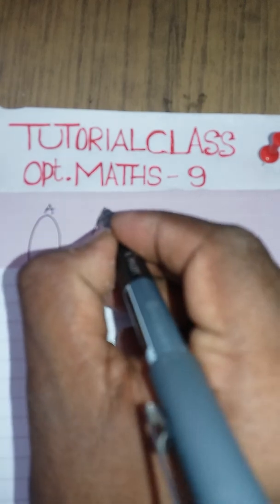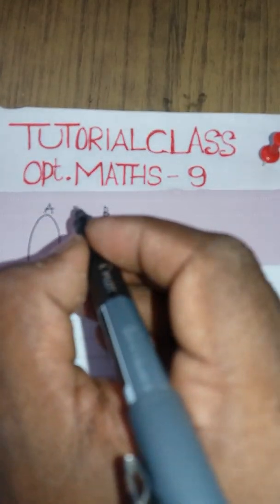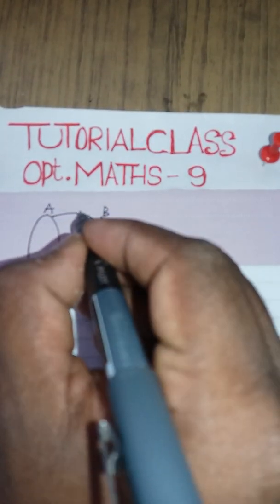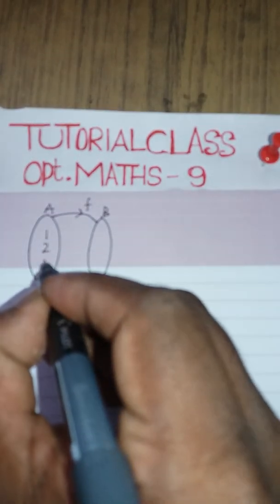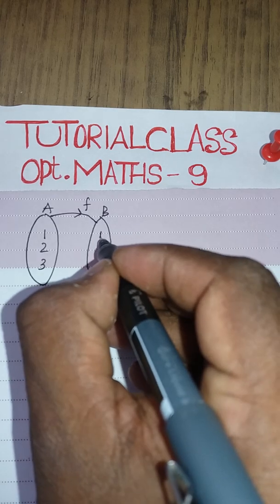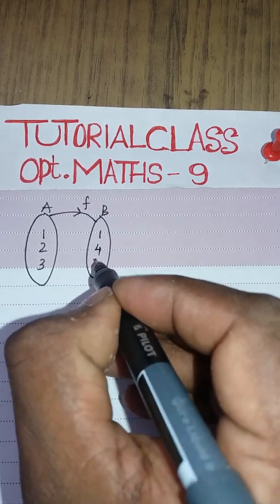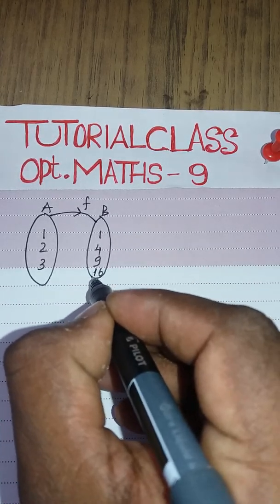Set A, set B, function denoted by f. Elements are 1, 2, 3, and 1, 4, 9, 16.